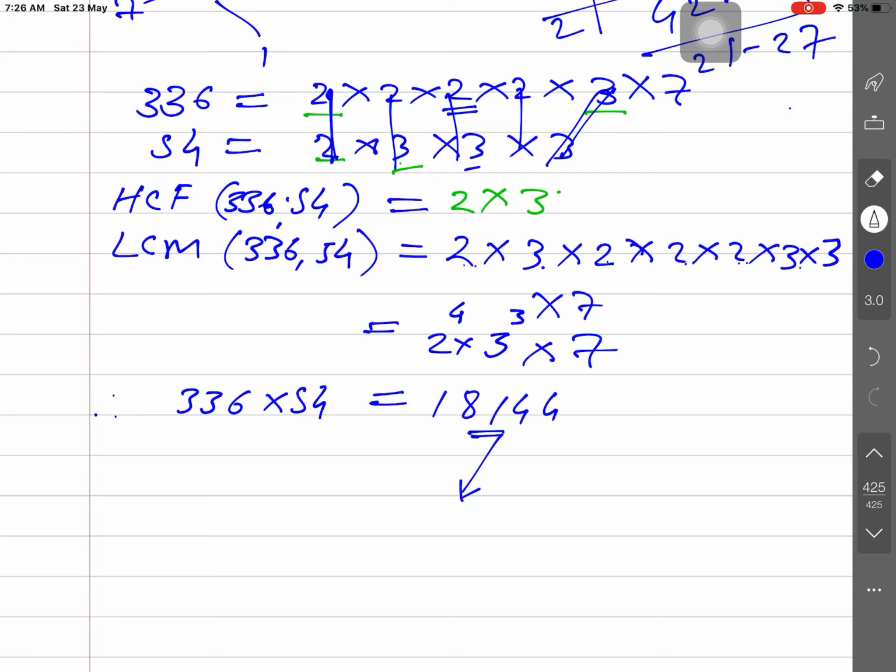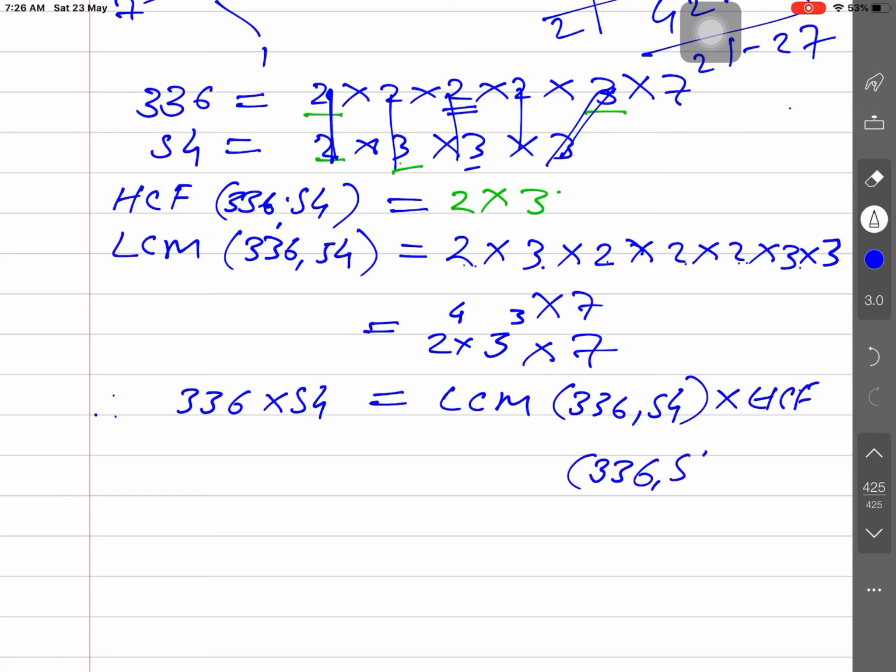This is one way. The other way also, you don't multiply this. Simple, I am telling this. You need to multiply the LCM of 336 and 54 by the HCF of 336 and 54.